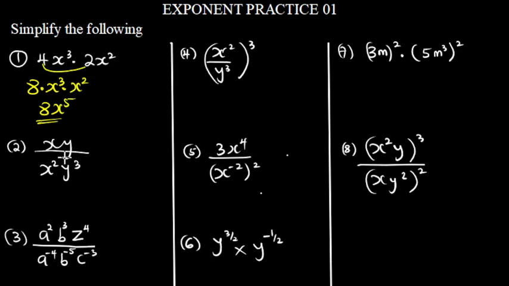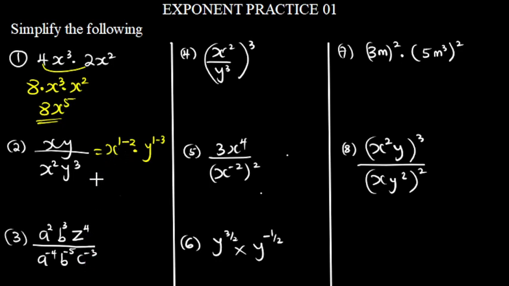Then for number 2, this will become x to the power of 1 minus 2, then y to the power of 1 minus 3. Okay, don't forget please, a to the power of m over a to the power of n is equal to a to the power of m minus n. That is the rule we are applying here.